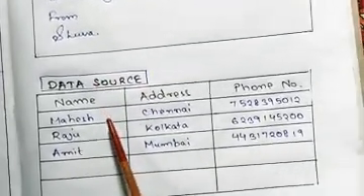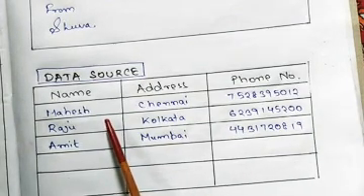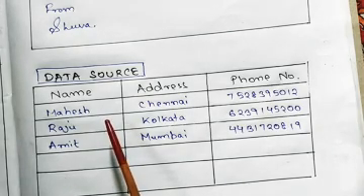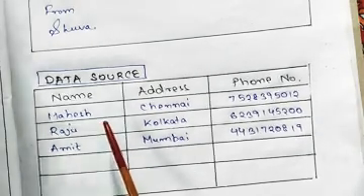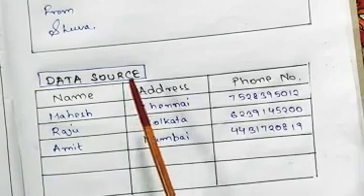Data source is a file. It can be an MS Word table or an MS Excel spreadsheet or any other database file which contains some fields or columns.